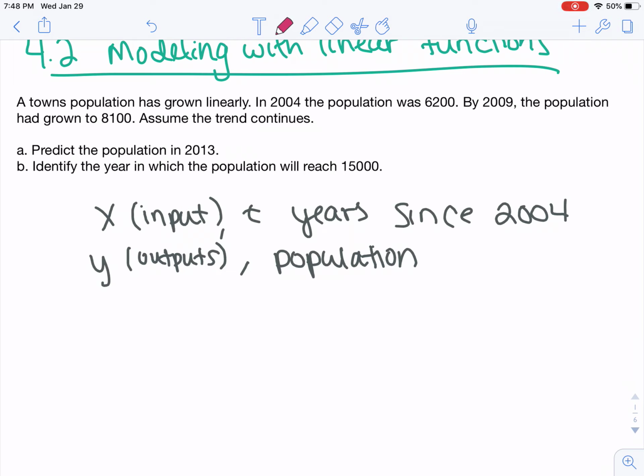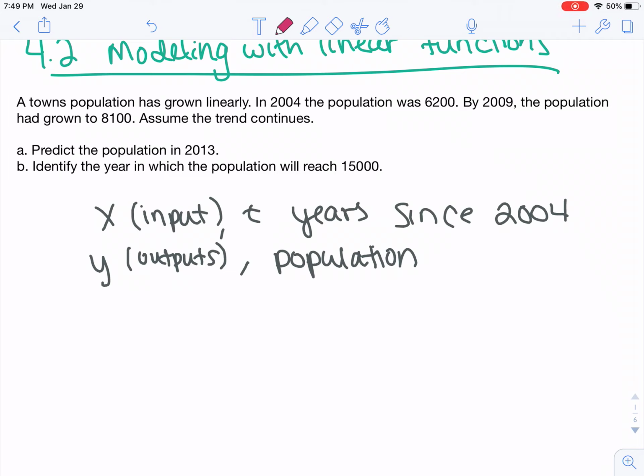If we're saying that my input is my years, and this is where you can kind of go a little bit different. Since we're saying T is years since 2004, you could say that 2004 is 0, and then that 2009 is 5. Or you can just say, okay, what is the change in your inputs over what is the change in your outputs? And either one is going to yield the same slope. So, I mean, don't worry about that.